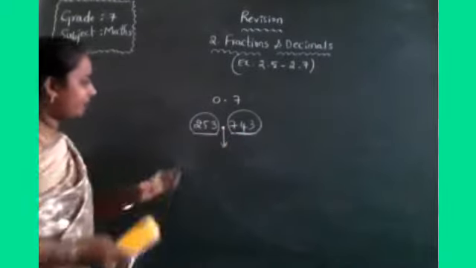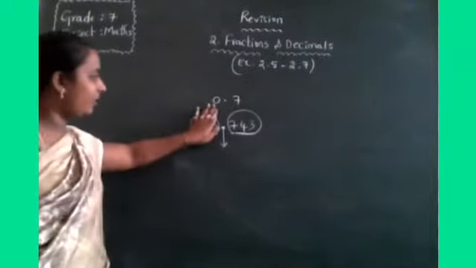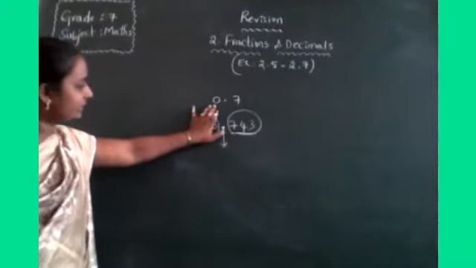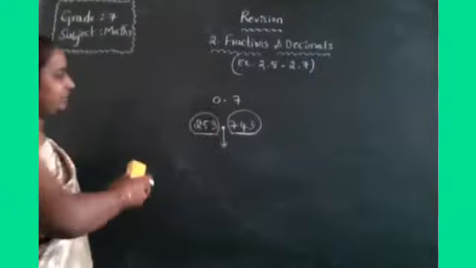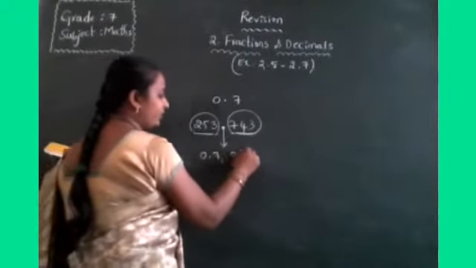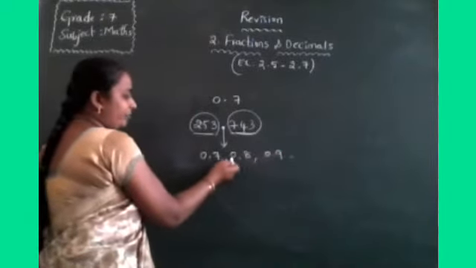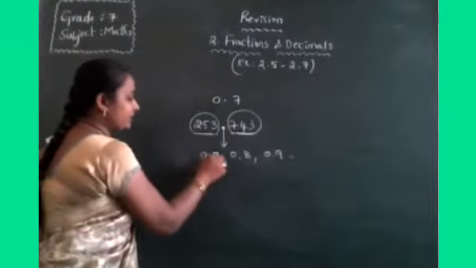Here I have already given the whole part. If there is no whole part before the decimal point, you take 0: 0.7, 0.8, 0.9. So when there is no whole part before the point, you have to take 0.